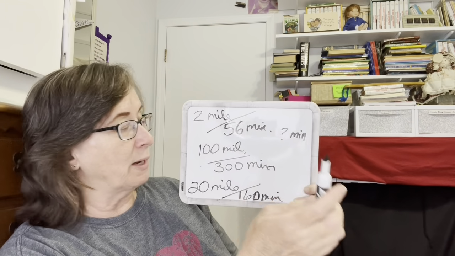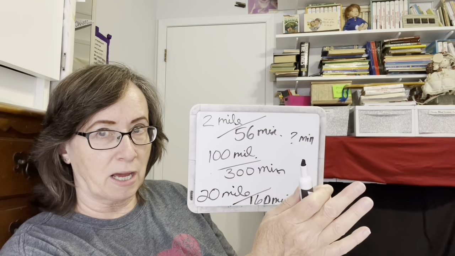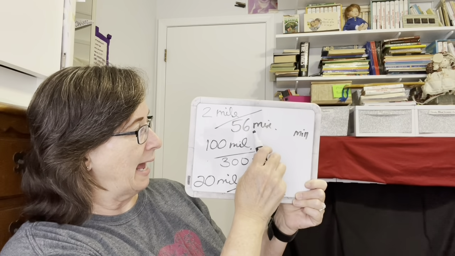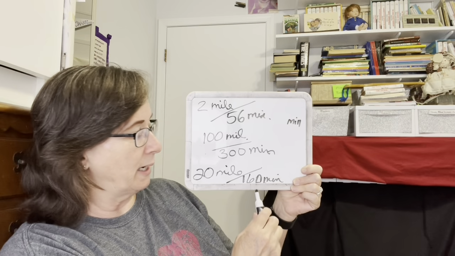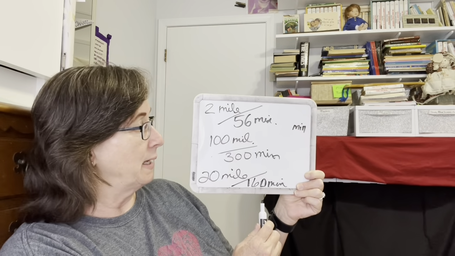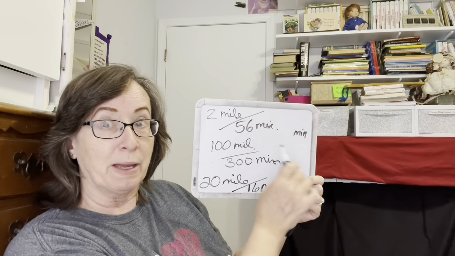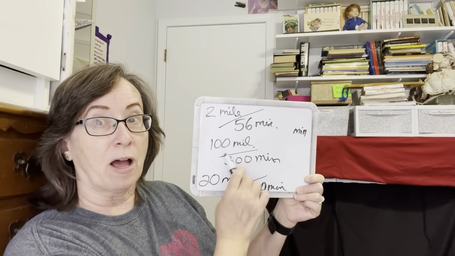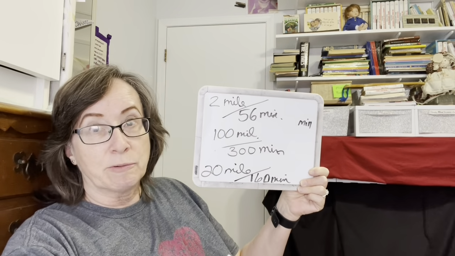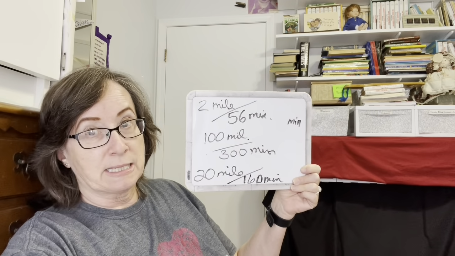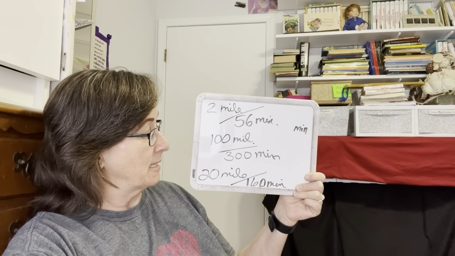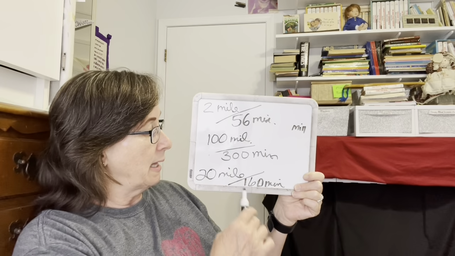Okay, so now everything else is going to be miles per minute, and minutes. So if we're going to find the total amount of time that he spent in the whole race, aren't we just going to add 56 and 300 and 160? We don't want to do any simplifying, do we? Because he was swimming for 56 minutes, and he was on the bike for 300 minutes, and he was running on his feet for 160 minutes. So we want to find total number of minutes. We're going to add 56 plus 300 plus 160.